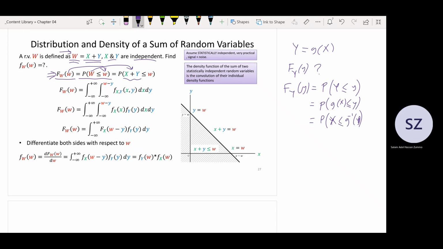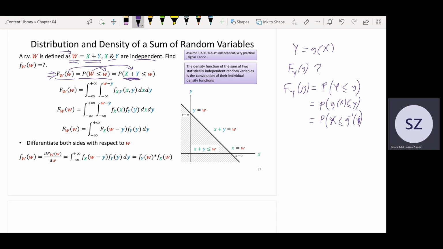Now, we know that the probability of any event is the integral of the joint PDF over the limits of this event, right? The x, y that correspond to this event. So we need to find the limits for this event.